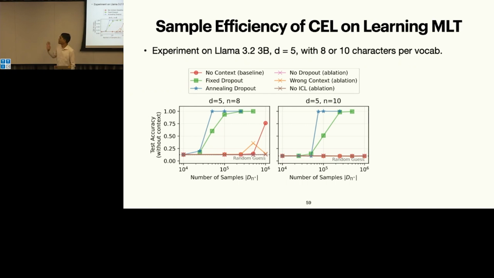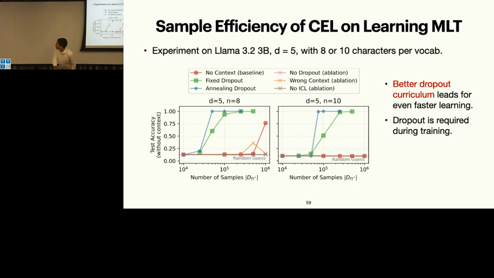So we also did a bunch of evaluations, but the main takeaways are that a better dropout curriculum leads to even faster training. Dropout is required during training. Without dropout, the model does not learn to be independent of the phrasebook information. And ICL capability is required before training.